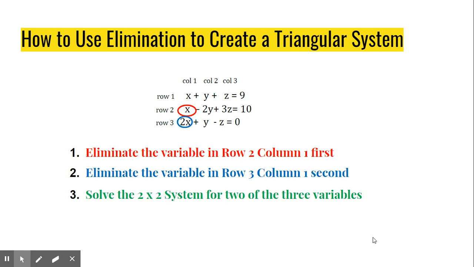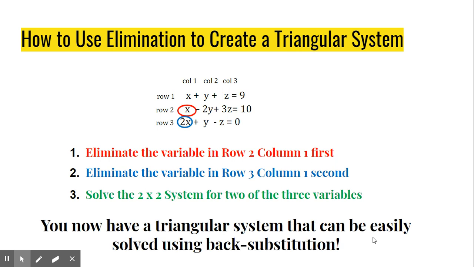Next, we're going to eliminate the variable in row 3, column 1. That will leave us with a 2 by 2 system, a 2-variable, 2-equation system in rows 2 and 3, which we know how to solve. So let's look at this in detail.